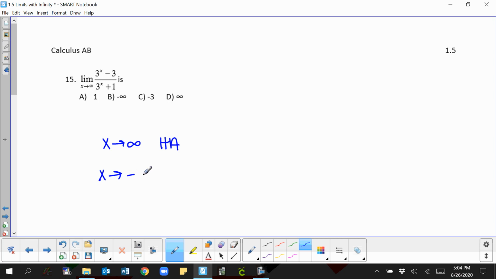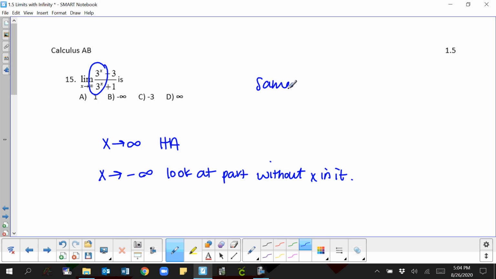And as x goes to negative infinity, you look at the part without the x. All right, so we are going to positive infinity, so I'm going to look at this part right here. We've got same over same. So our coefficients, and it's 1.